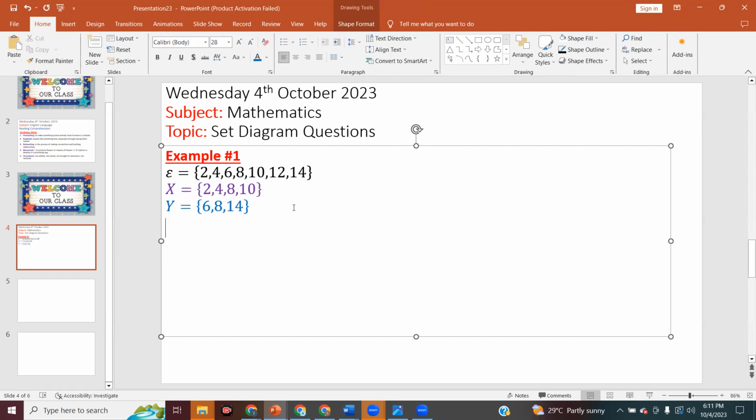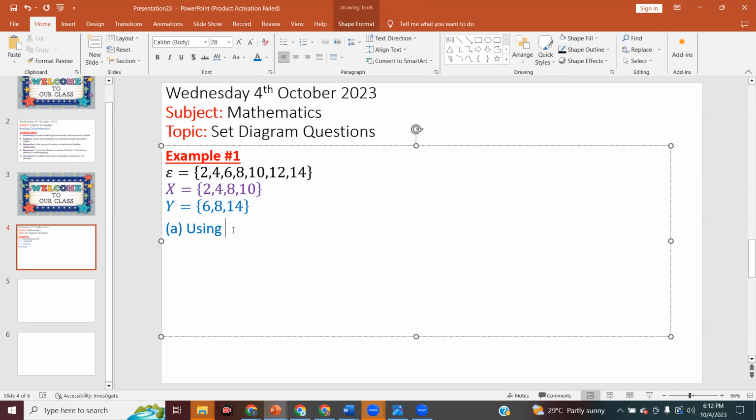The first one, this is part A. How many sets do I have here? Three sets, because the universal set still counts as a set.